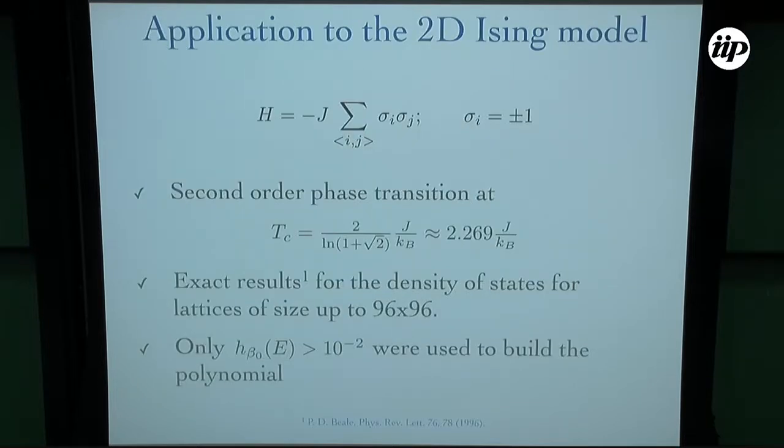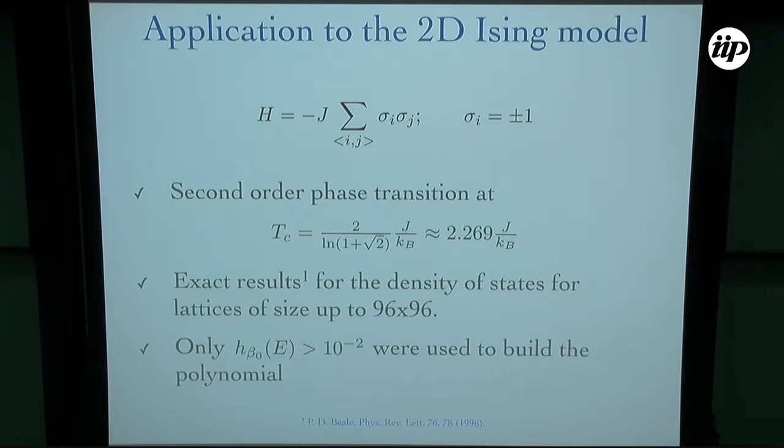So let us detail this a little bit. I will use first here the fruit fly model of statistical mechanics, the Ising model in a square lattice. So I have spins that point up or down. There is a second order phase transition at a temperature that is known exactly, okay? We also have exact results for the density of states for the system.